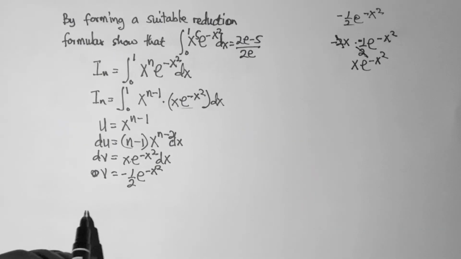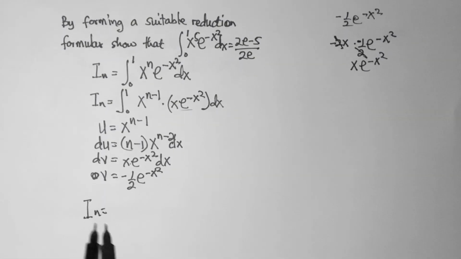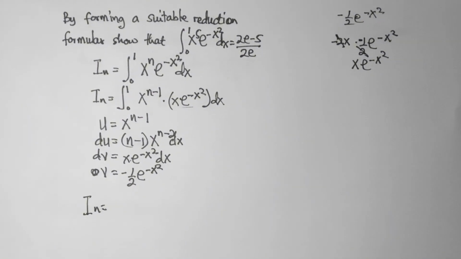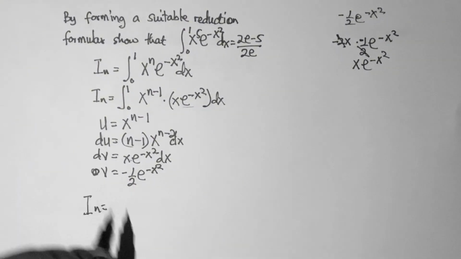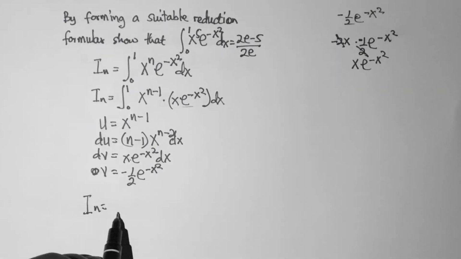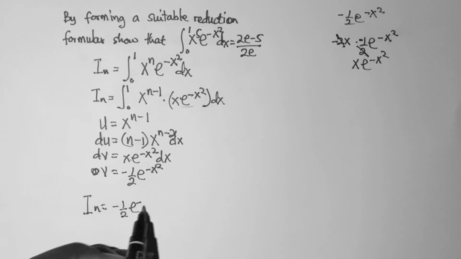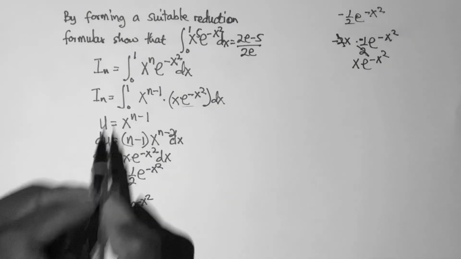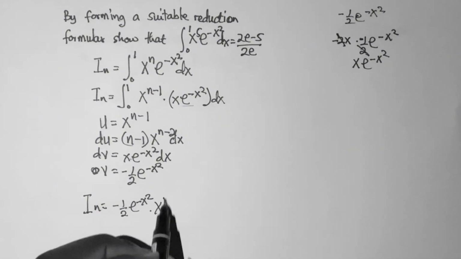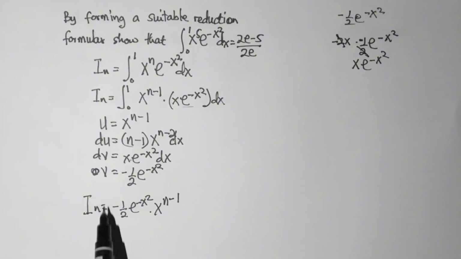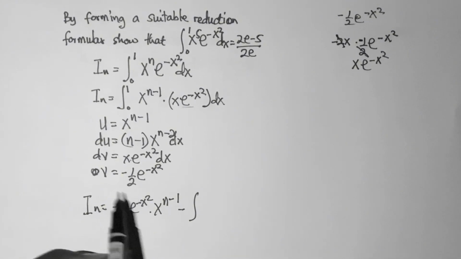So I of n is equal to this integral. We are going to use integration by parts, so it is uv. This is our u, and this is our v. v is minus half e^(-x^2), and u is x^(n-1), and then minus the integral of v du.